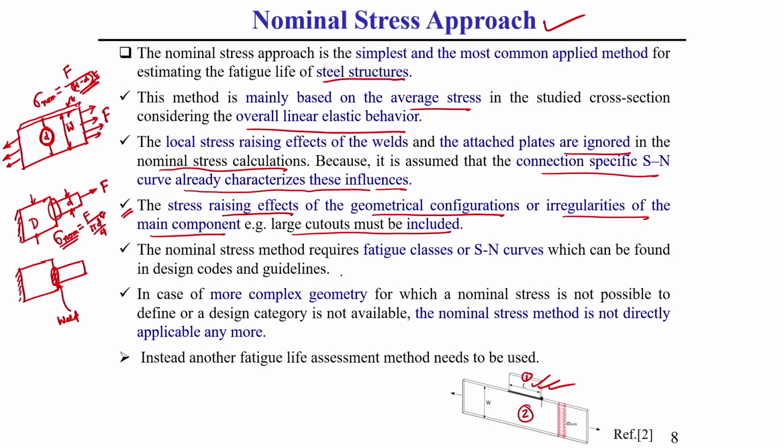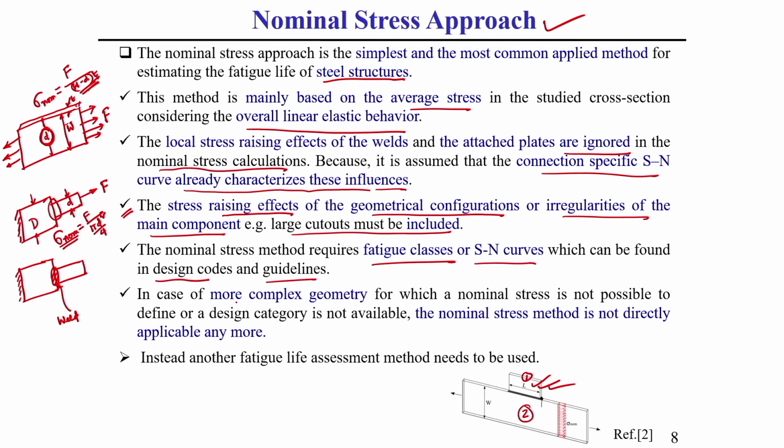The nominal stress method generally requires fatigue classes, which I have already mentioned, and I will discuss them in a subsequent slide. The fatigue class, also called the FAT S-N curve, can be found in some design codes and guidelines. We can use those data once we go for the nominal stress approach.